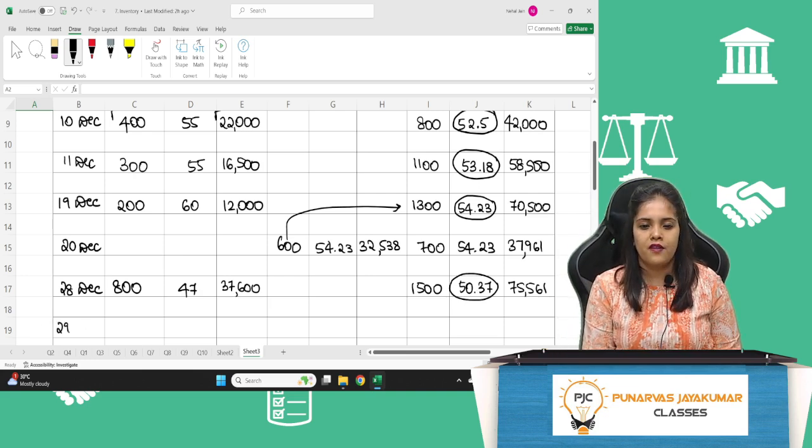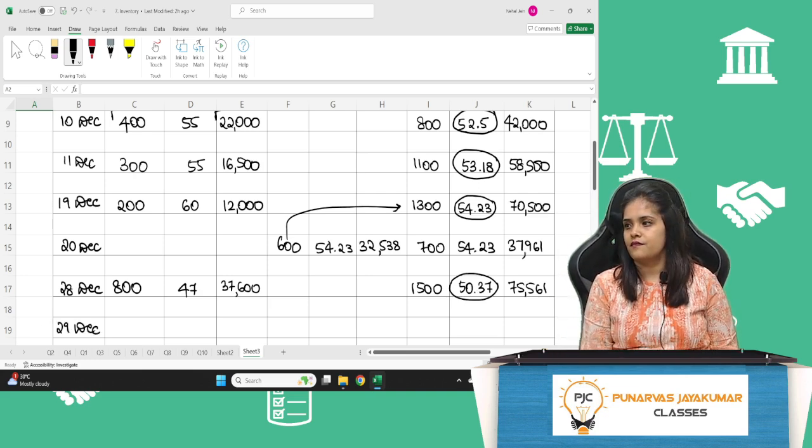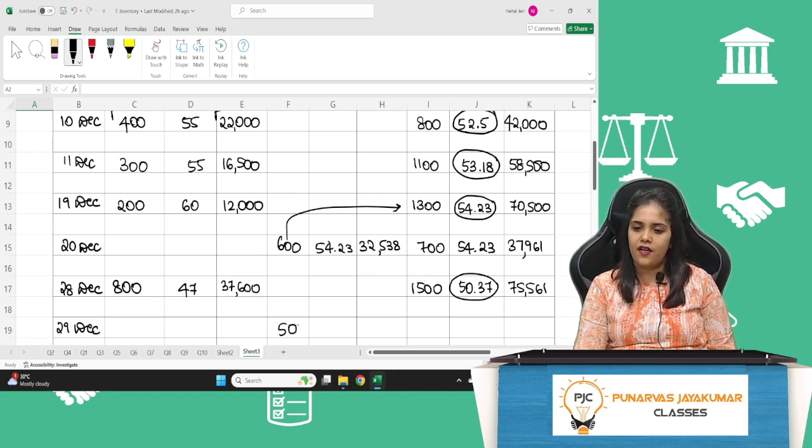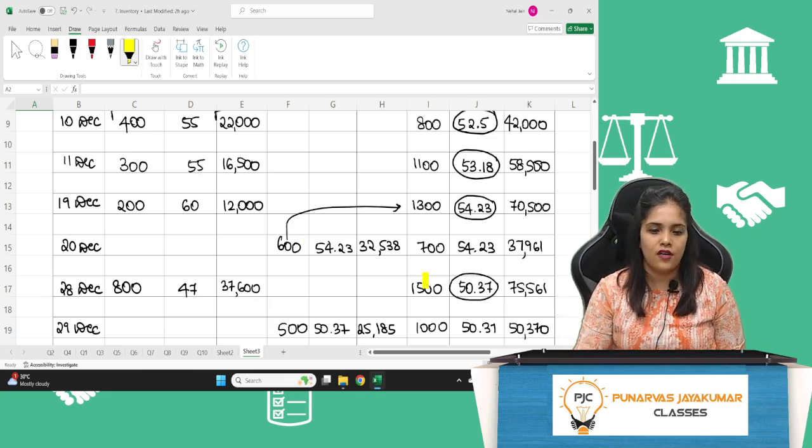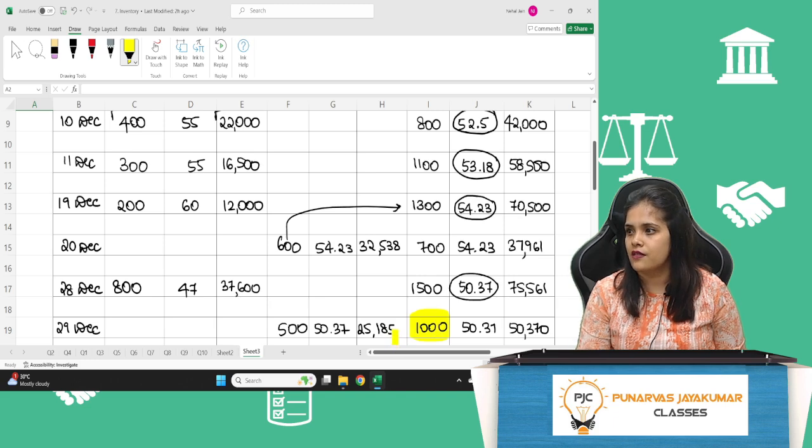Last, the 29th, issue of 500 at the average rate. Again we got 1,000 closing stock.